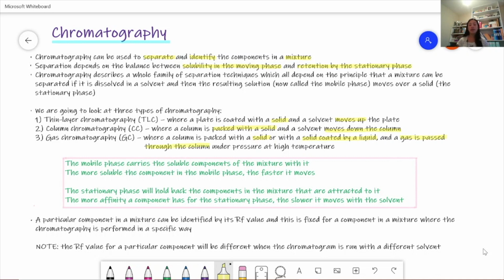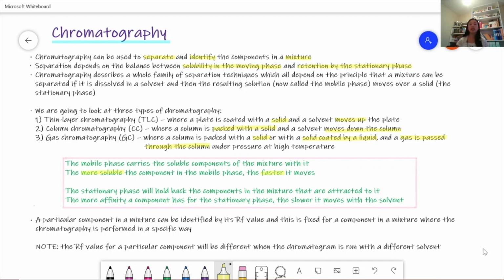The first things you need to know about chromatography are the mobile phase and the stationary phase. The mobile phase is what carries the soluble components of the mixture with it. So we have the rule that the more soluble the component is in the mobile phase, the faster it moves, and we say that it has a higher affinity for the mobile phase.